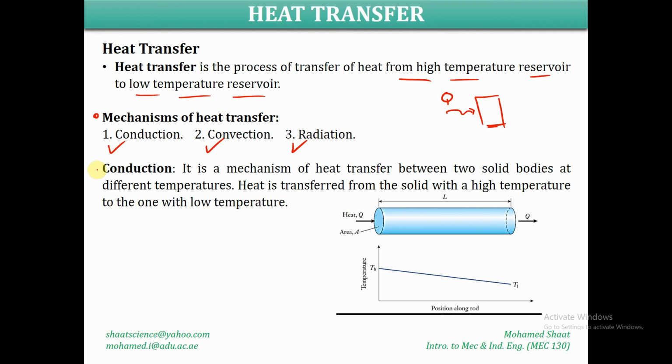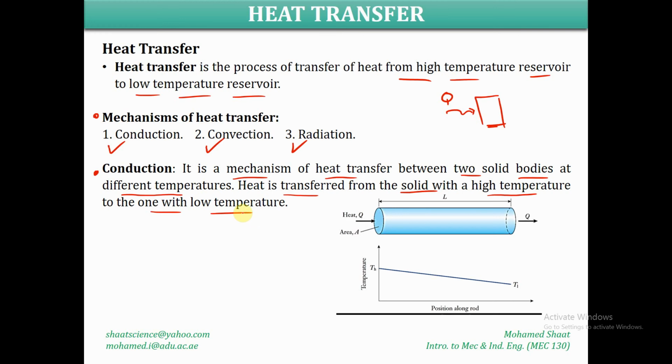So what is heat transfer by conduction? It is one of the mechanisms, one of the methods of transferring heat from the high temperature source to the low temperature source, between two solid objects or bodies at two different temperatures. Heat is going to transfer from the solid with a high temperature to the one with a low temperature.